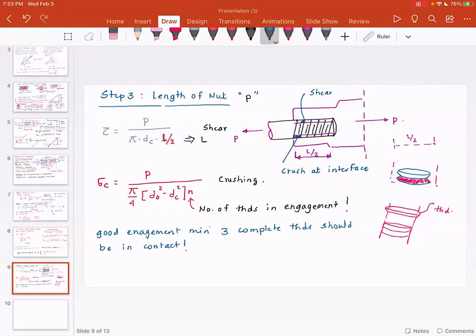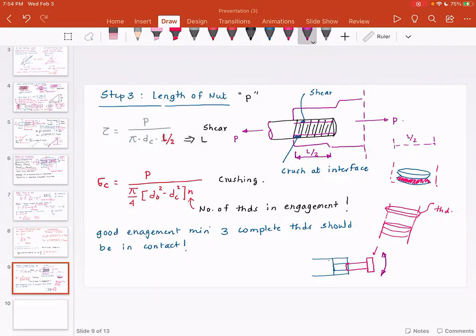What do I mean by not having a good engagement? And you can visualize this. Consider that you have a nut and you have a bolt, and the bolt has just one thread engagement. So this is the hole, or this is the tab, and this is the bolt, and only one thread is in engagement. You will observe that in that case, you have permitted motion, that is, it can wiggle.